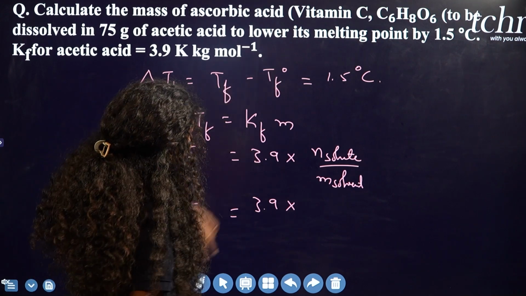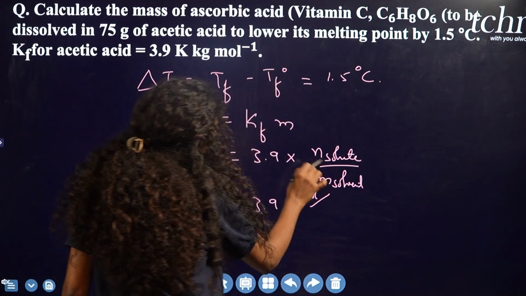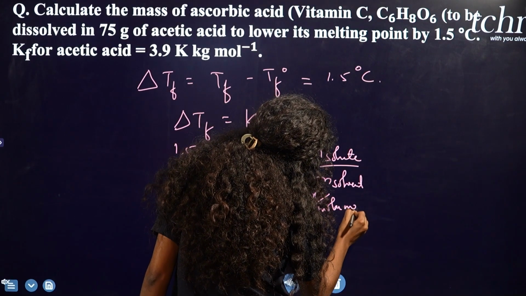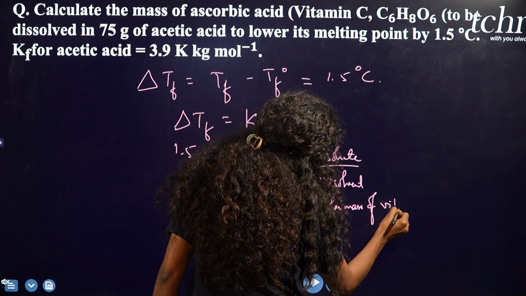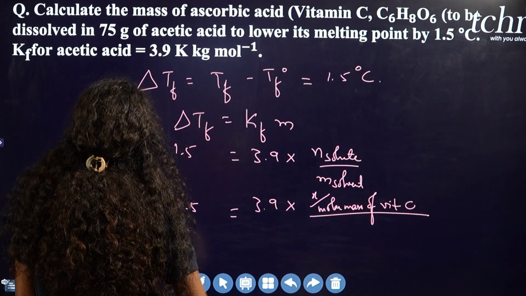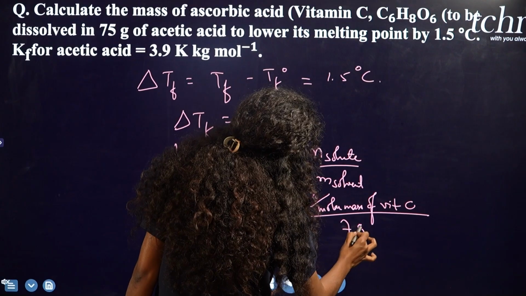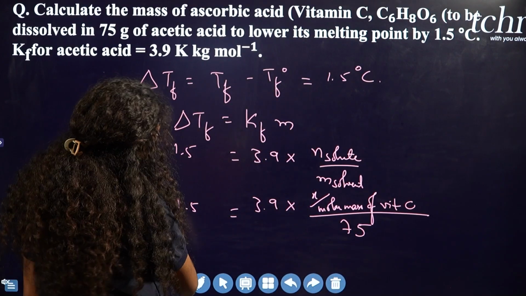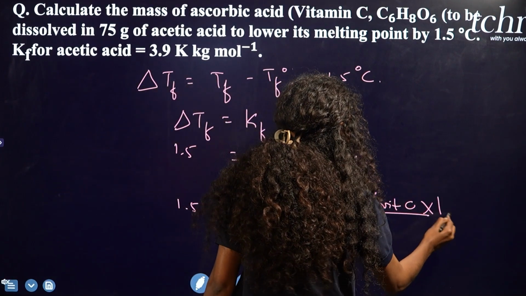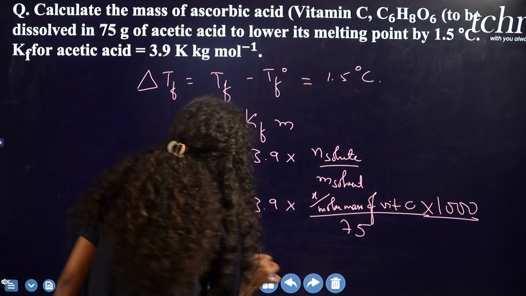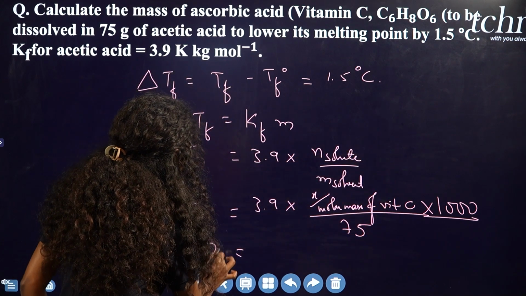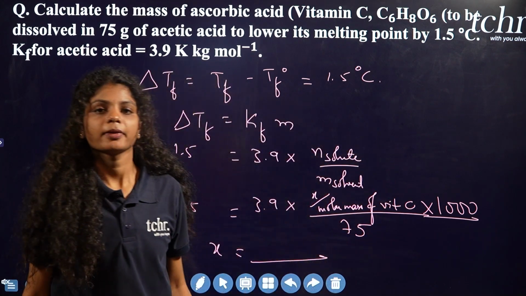So here in this case, given mass, let me consider x, and molar mass of vitamin C I have to find, whole divided by mass of solvent, it is 75, which they have given already. 75 grams is given there. So it is in kg, right, so what I have to do is multiply by 1000. So what you have to do here is find the molar mass of vitamin C and mention the x value in the comment box for me.